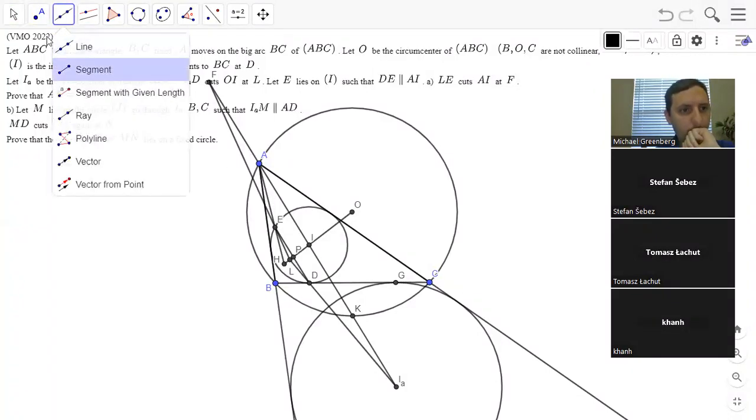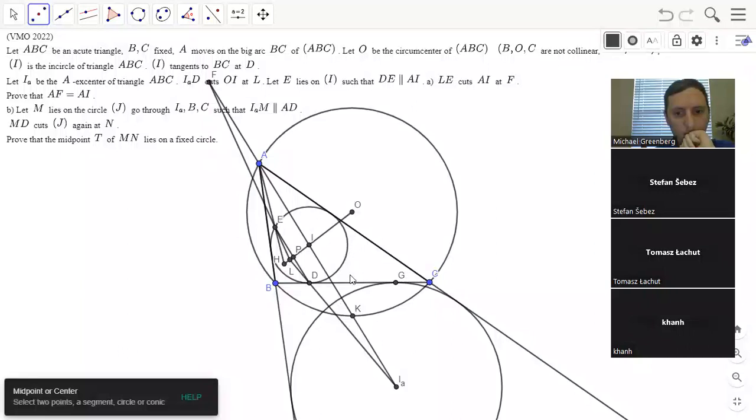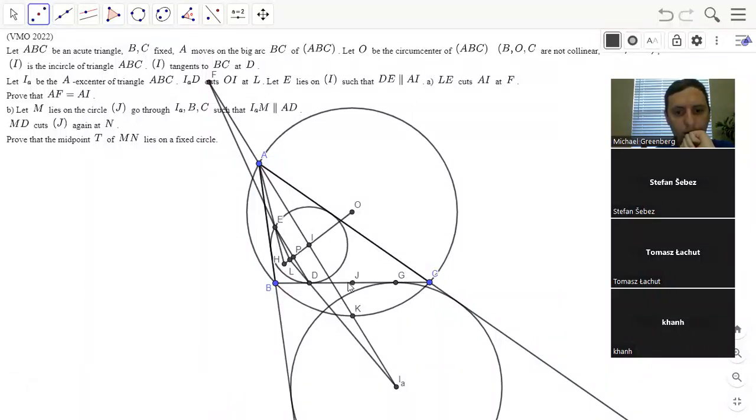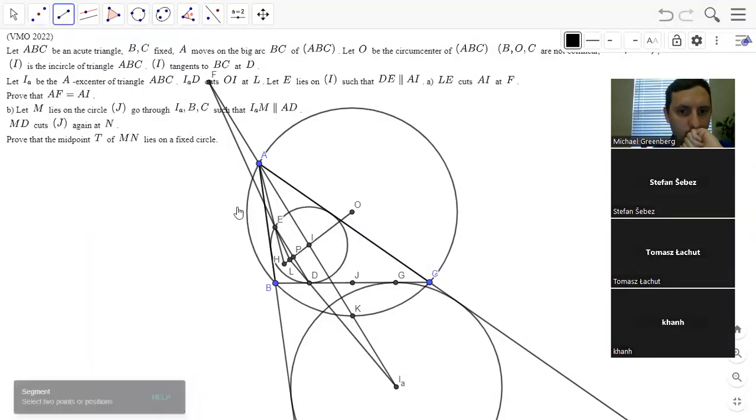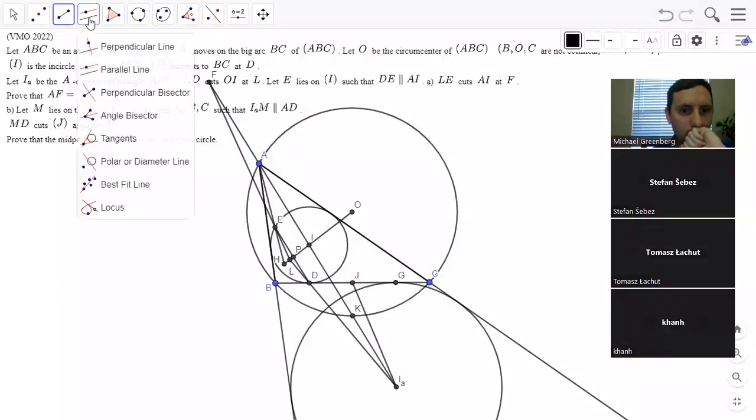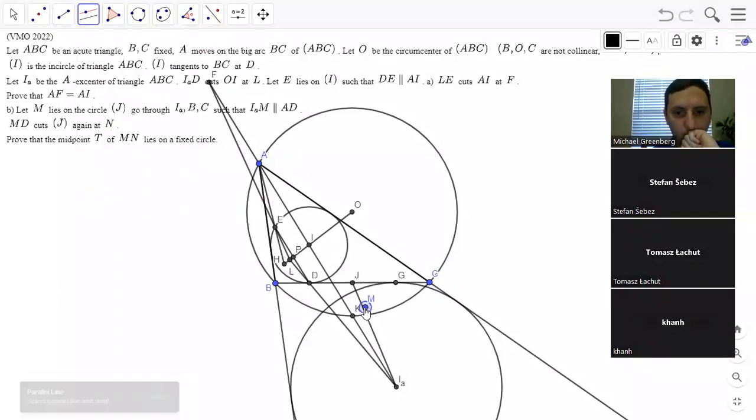I don't know if this helps much, but like it's well known. So I_A J is parallel to AD. Pretty sure that's true at least. Yeah.